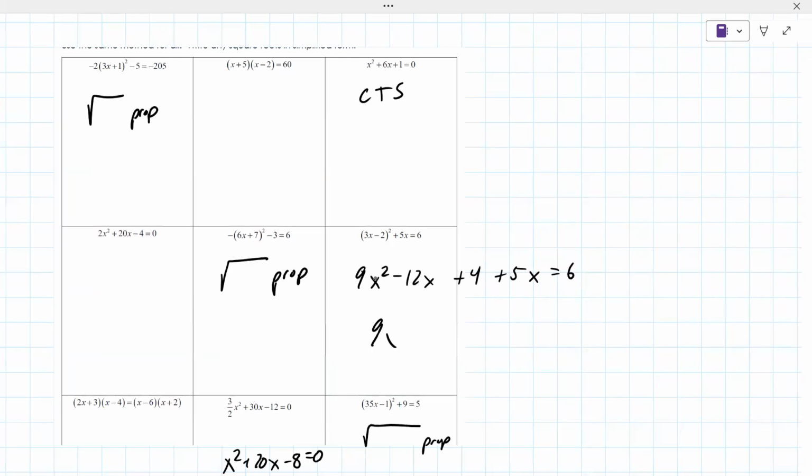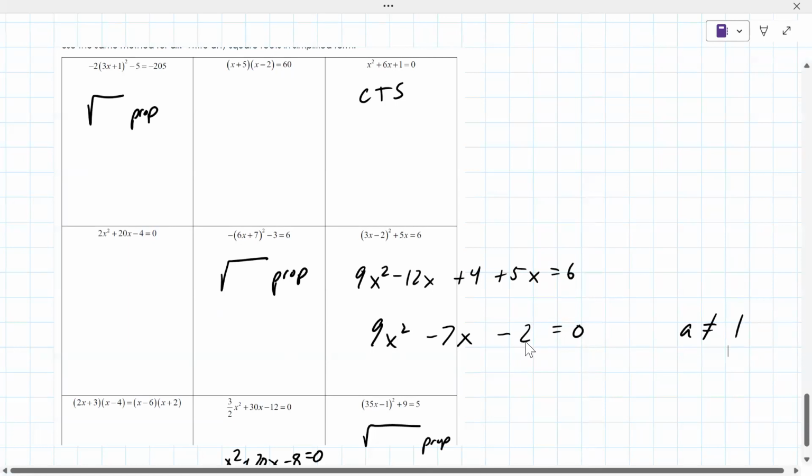So then this becomes 9x squared minus 7x. Bring the 6 over. It ends up being minus 2. This is an a not equal to 1 problem because 9 times negative 2 ends up being negative 18.